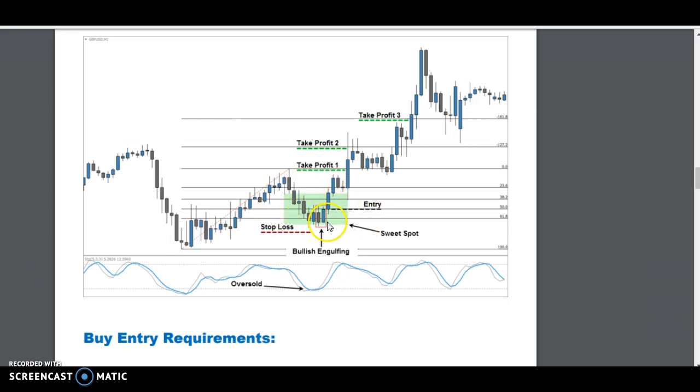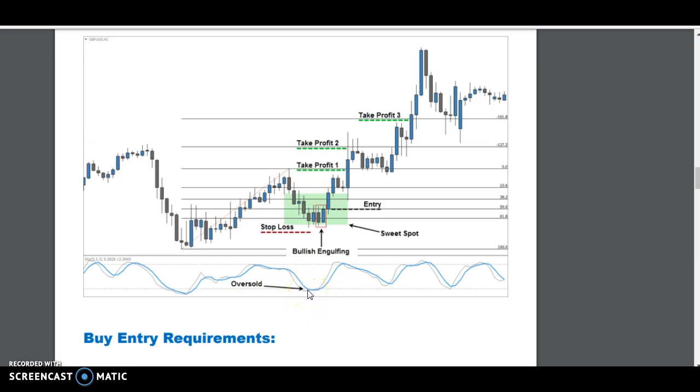Looking at our chart, price pulled back to 61.8, which is one of the confirmations we look for, one of the signals telling us price is getting ready to be bought. And then we look at our stochastic chart. Is price oversold? Yes, you can see the price is oversold here.